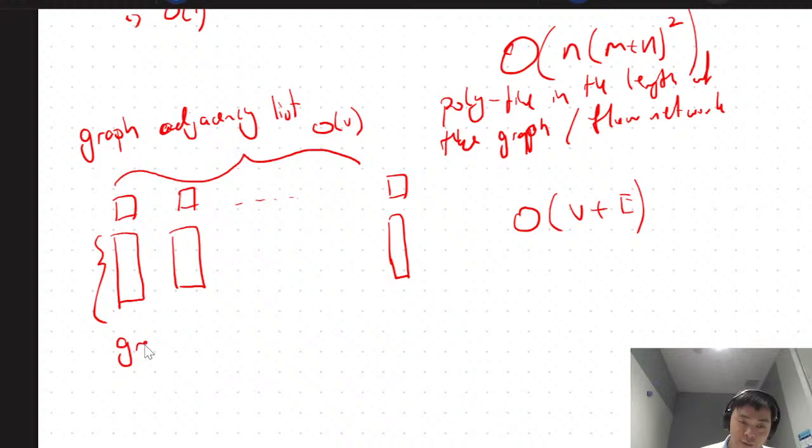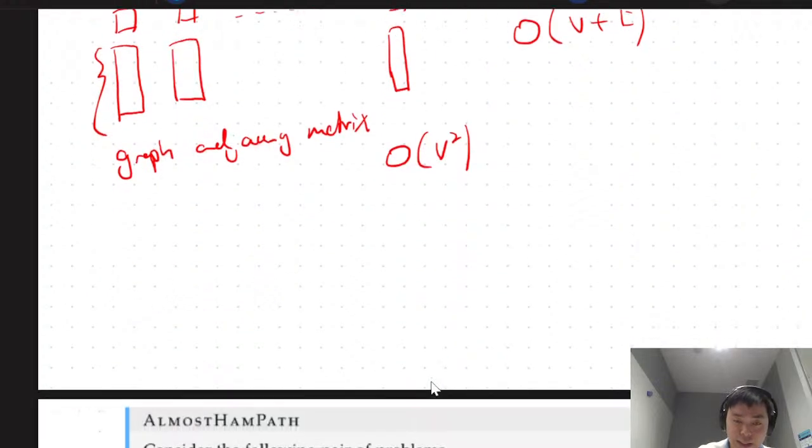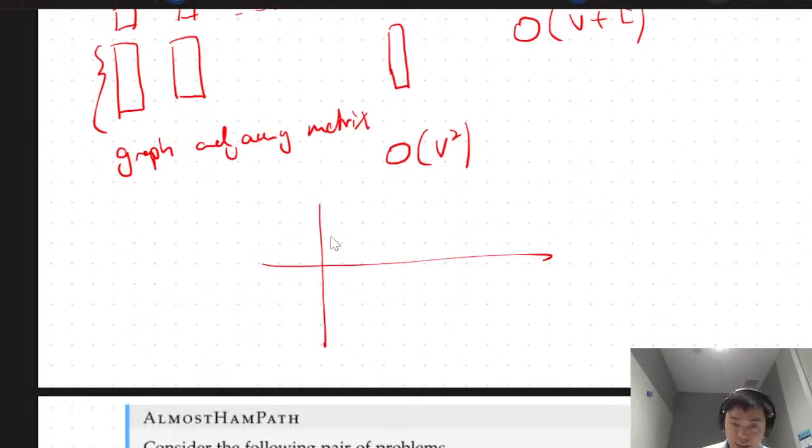If you want to use a graph adjacency matrix, then this would be O of V squared, because you create your V1 up to Vn, V1 up to Vn, and then you basically fill in this matrix.